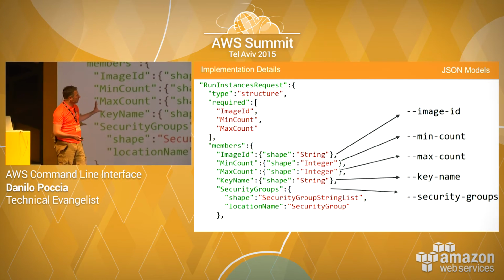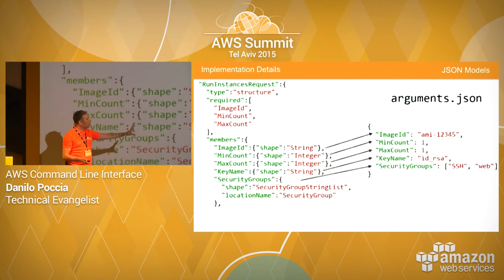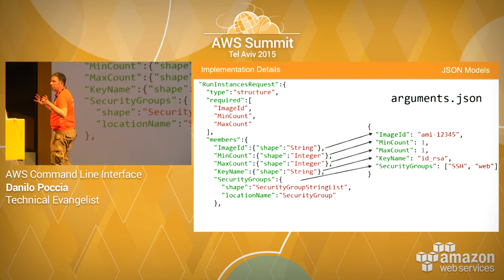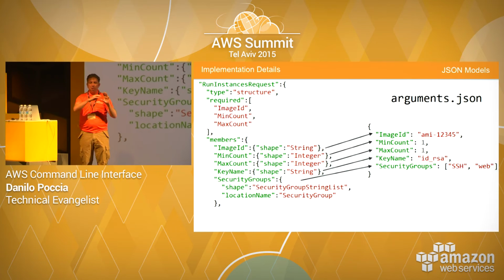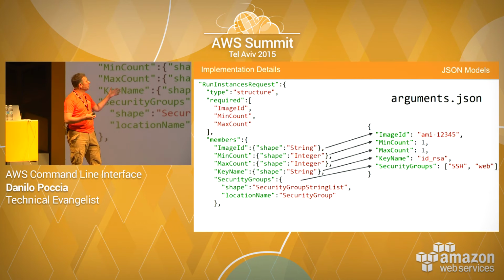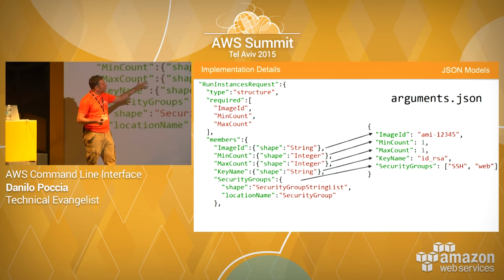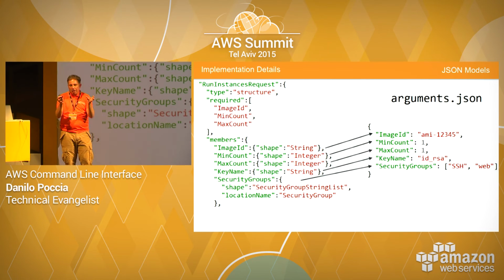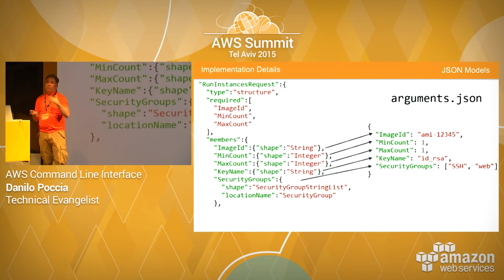So what we thought is, let's take all this information and put it on a side. And this can be a nice argument that you can pass in a single pass to the command line interface in JSON format. So you see it's much more readable than all these options. And in this way, you can also save the arguments and reuse them. And what is nice is that you can also overwrite them.